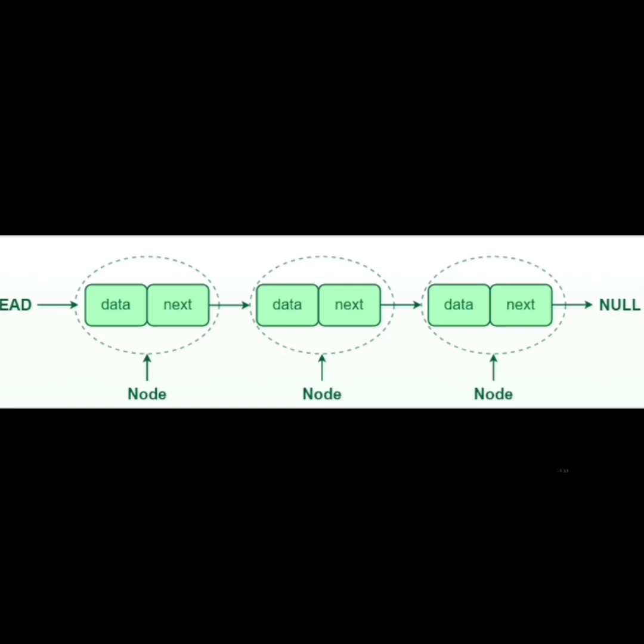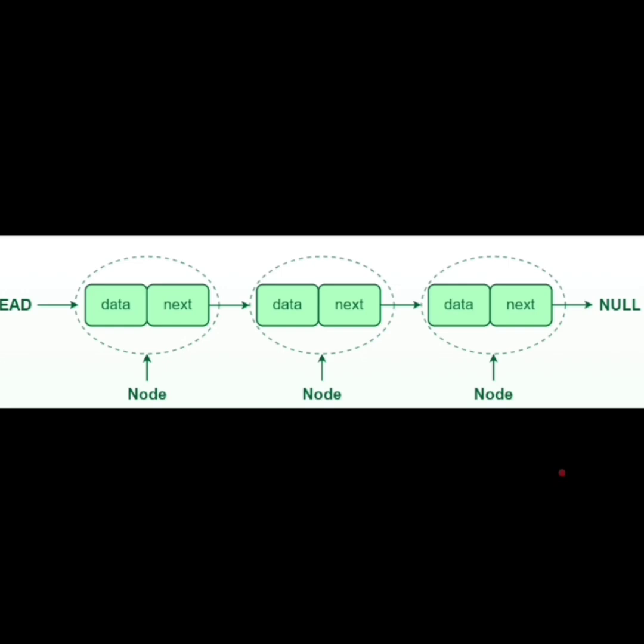Here this is the structure of a node. The node consists of two parts, as I already said. The first one is the data and the second one is the next. Similarly, there will be a few more nodes to follow. The second node and the third node also consist of the same two parts, data and next.